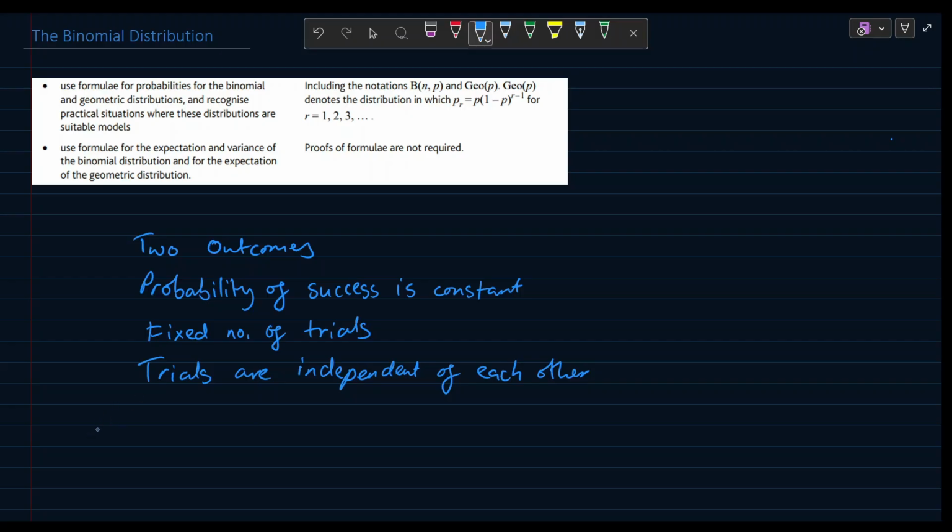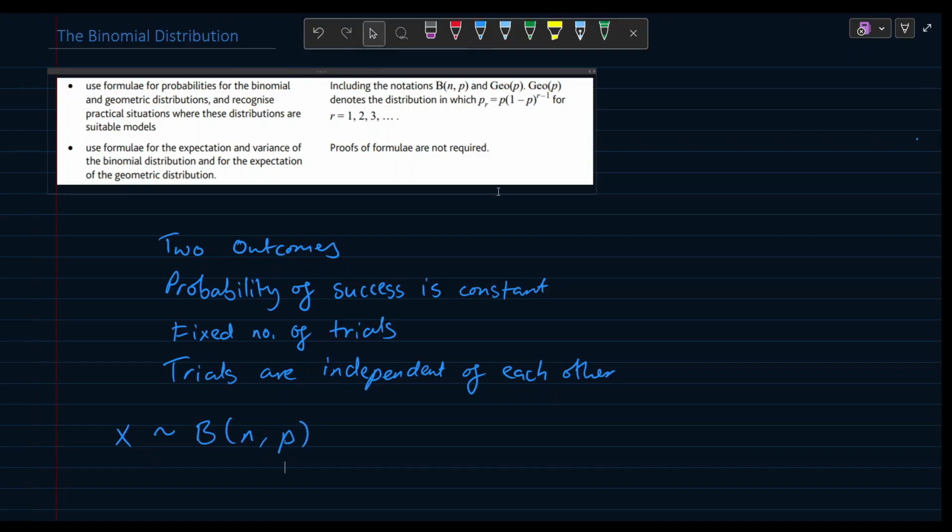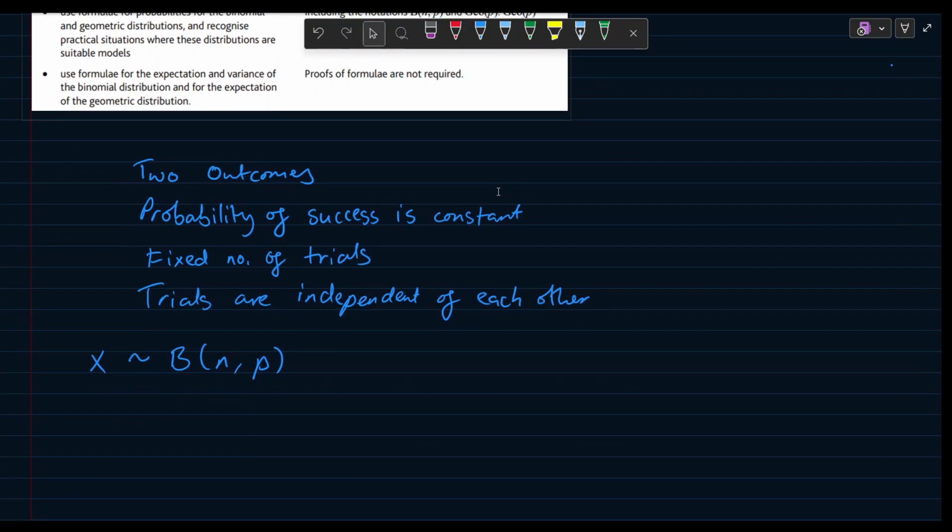So if this random variable is x, then x follows a binomial distribution with the parameters n, where n is the size of the sample and p is the probability of success. If this sounds a bit abstract right now, don't worry, we're going to do a few examples just after this. And if we want to find the mean, the expectation of x under a binomial distribution, that's going to be np, and the variance, var of x, that's going to be np times 1 minus p.